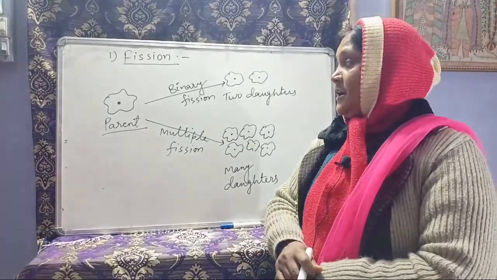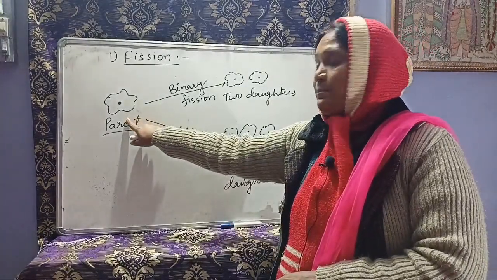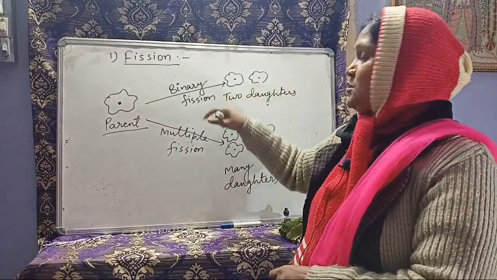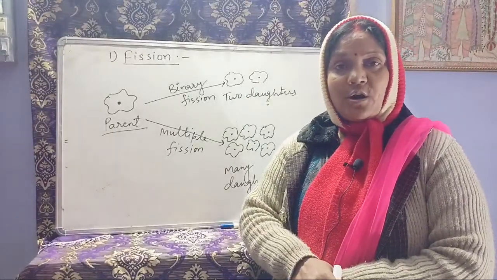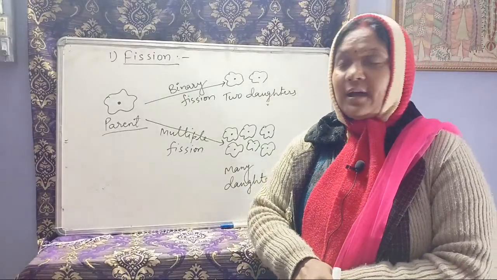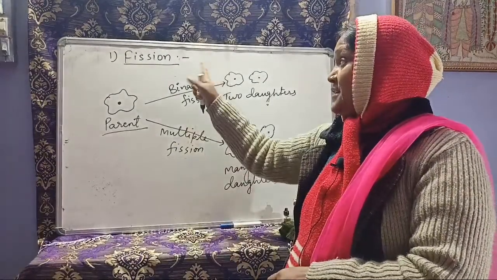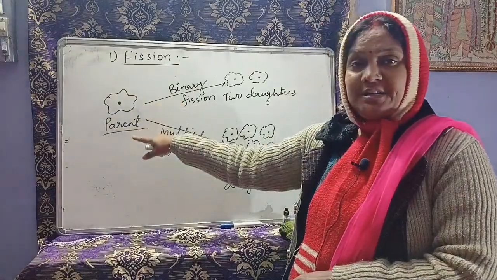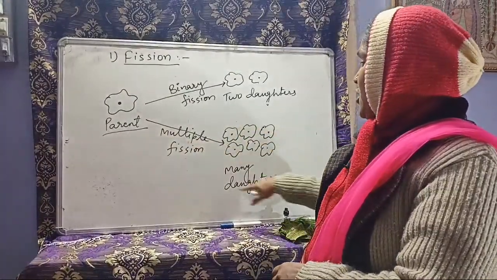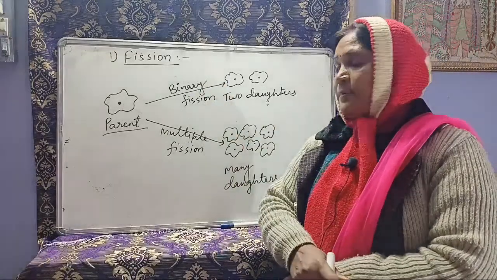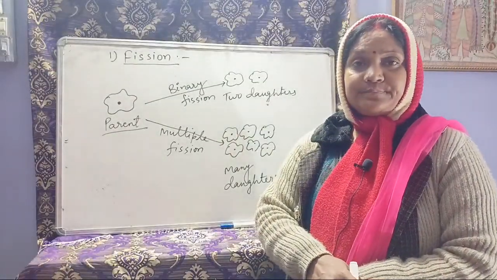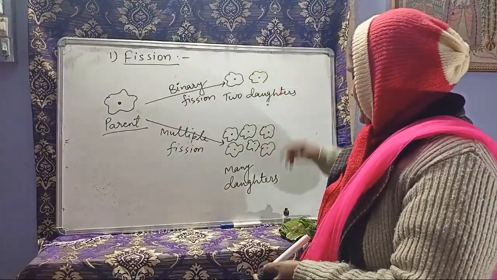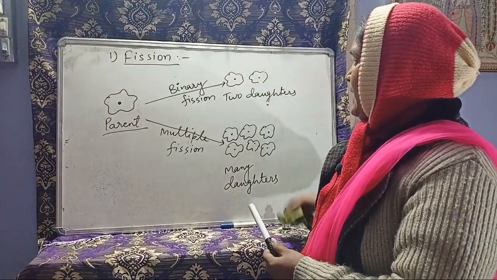That fission in which unicellular parent divides to form two daughters, two young ones, is called binary fission, and that fission in which unicellular parent divides to form many daughters is called multiple fission.